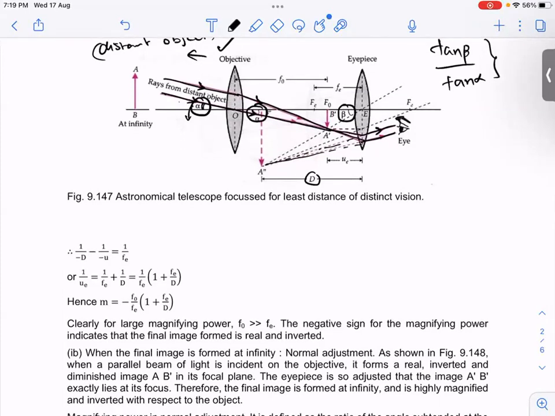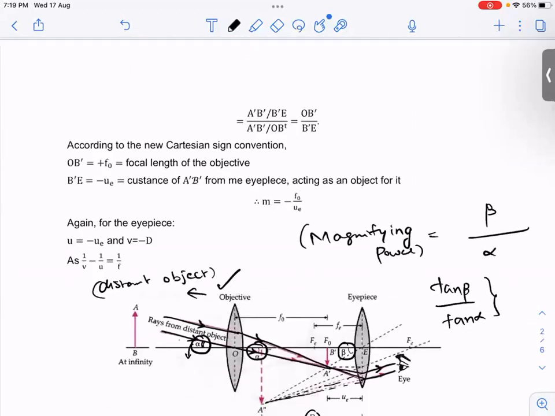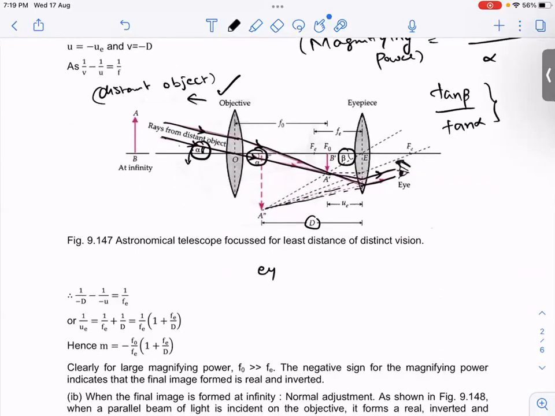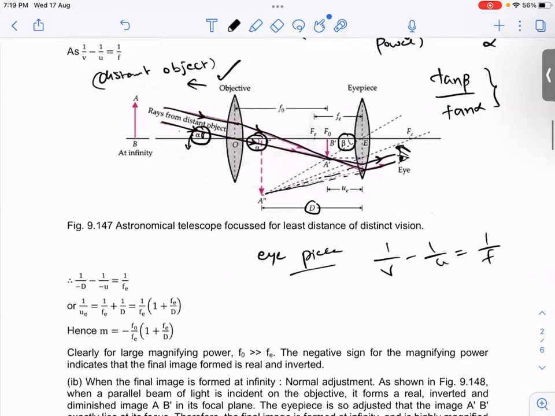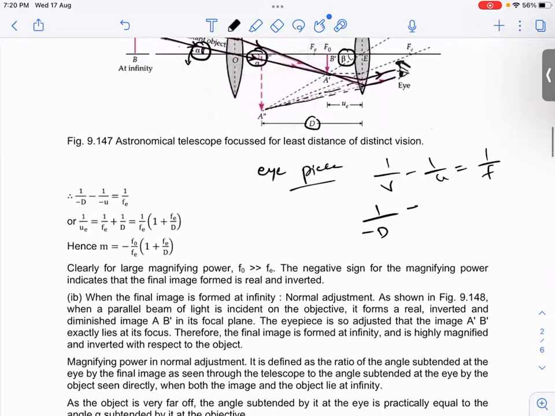Okay. Now observe. When I apply the lens formula for the eyepiece, 1 by V minus 1 by U is equal to 1 by F, then I'll have 1 by V as minus D, minus 1 divided by U as minus UE, is equal to 1 divided by the focal length of the eyepiece, FE.